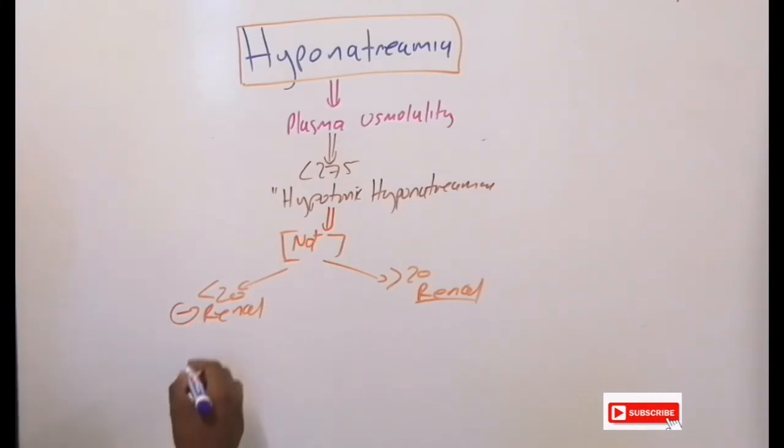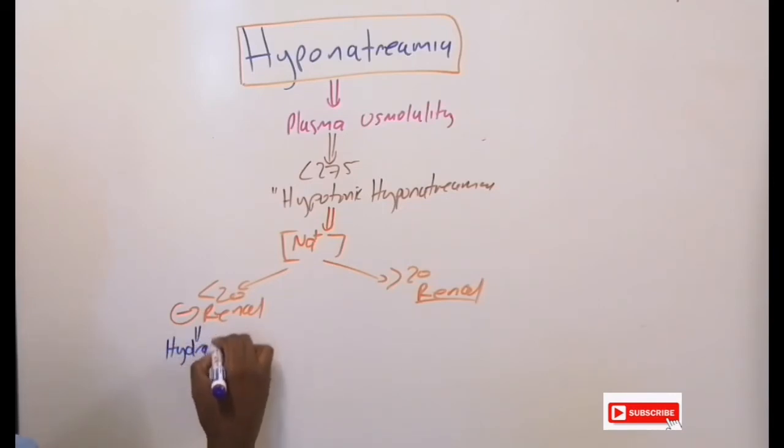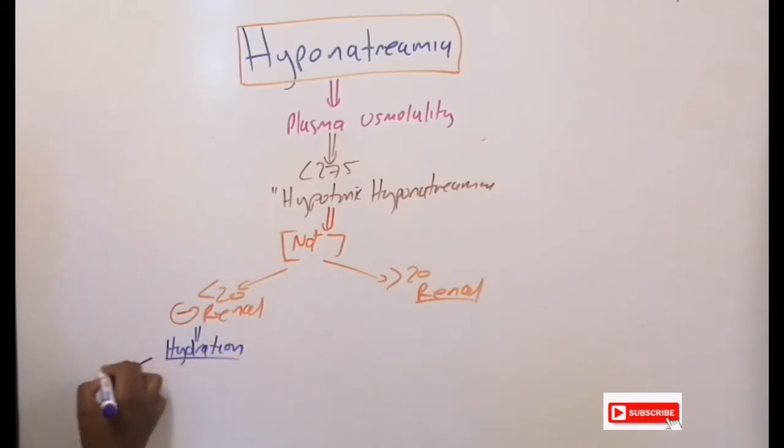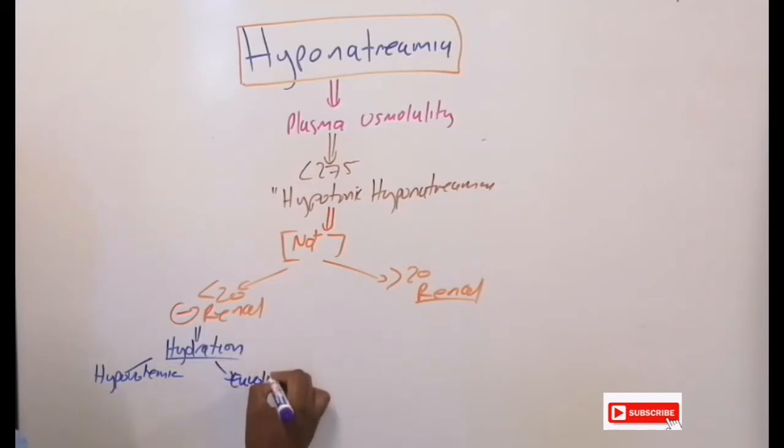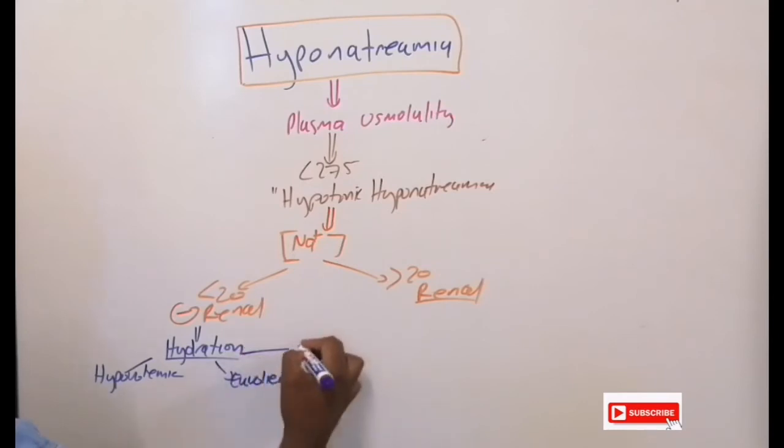So now the next thing that you need to figure out here is the hydration status of the patient. Is the patient hypovolemic? Is the patient euvolemic? Or is the patient fluid overloaded?